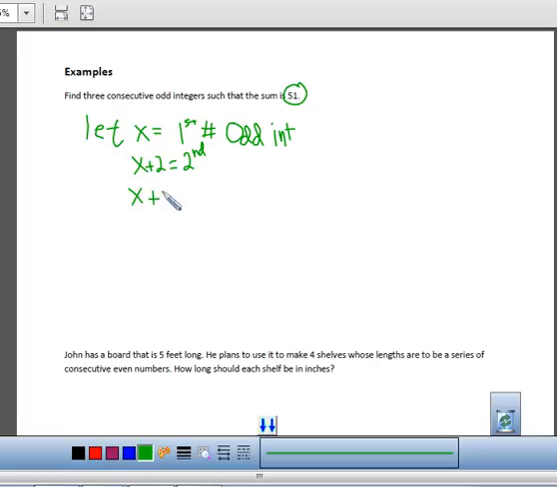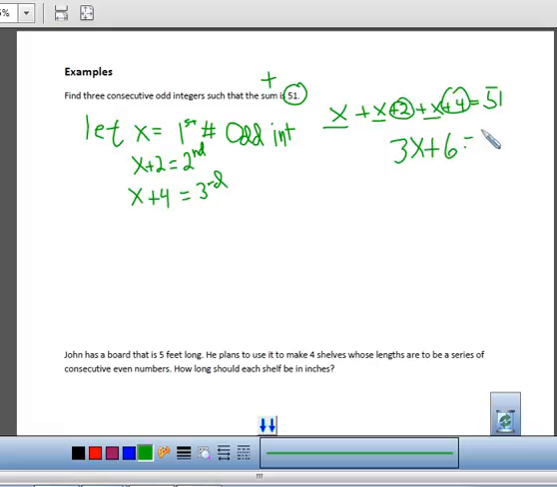And then x plus 4 be the third number. Sum means I'm going to add them up. So I've got x plus x plus 2 plus x plus 4 equals 51. Combine like terms: x, x, and x is 3x. 2 and 4 is 6, so plus 6 equals 51.